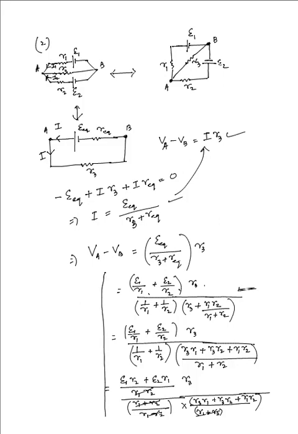So we have VA minus VB to be equal to E1 R2, sorry, E1 R2 plus E2 R1 divided by this entire term, R3 R1, R3 R2 plus R1 R2, and there's an R3 over here as well.